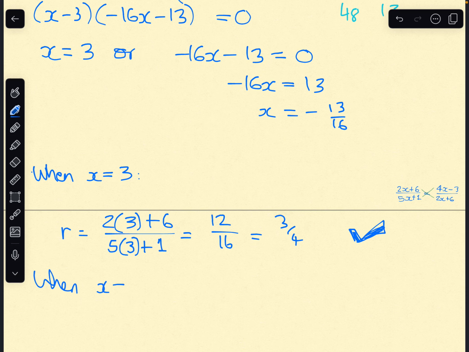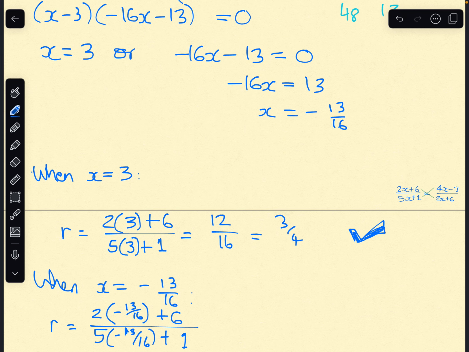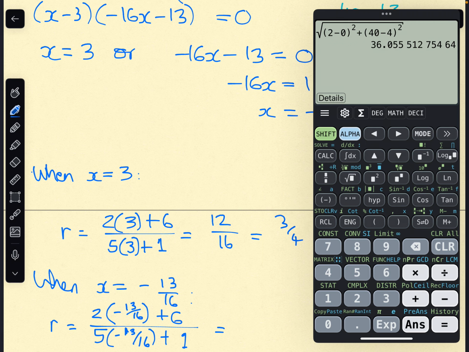When x is equal to negative 13 over 16, we have r is equal to 2 times negative 13 over 16 plus 6 divided by 5 times negative 13 over 16 plus 1. Okay, that one is definitely for the calculator. That's not pain I'm in the mood for.